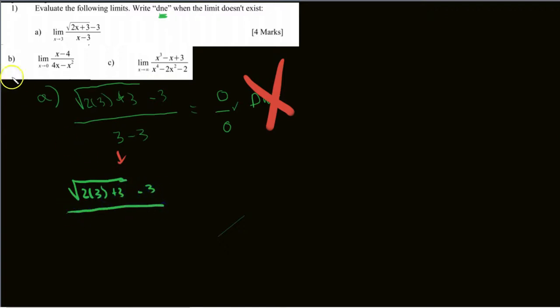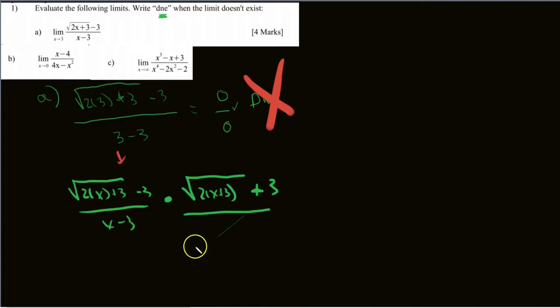Over, I forgot to plug back in the x here. Okay, root 2x plus 3 minus 3 over x minus 3 multiplied by the complex conjugate. Complex conjugate is the same thing as multiplying by 1 over 1, except we put the numerator and denominator the same, and you reverse the sign of the third term, the extra number sitting outside the root.